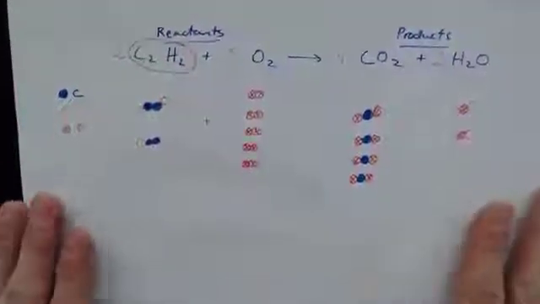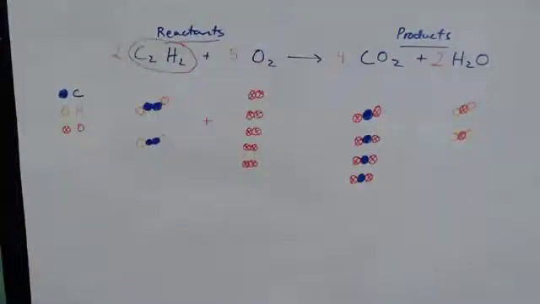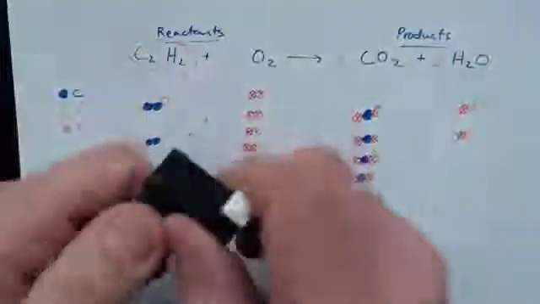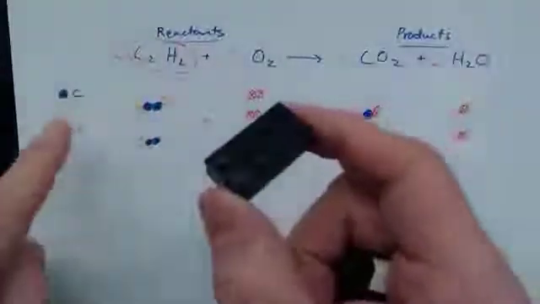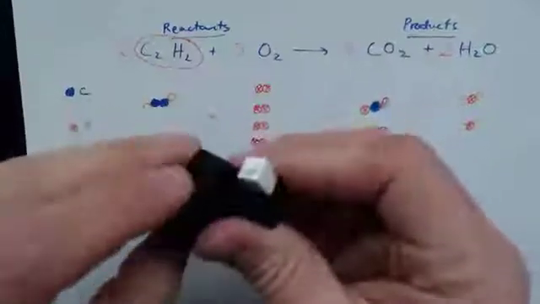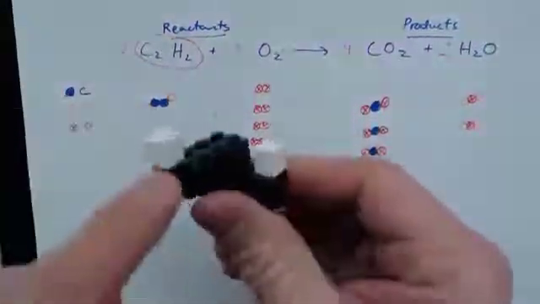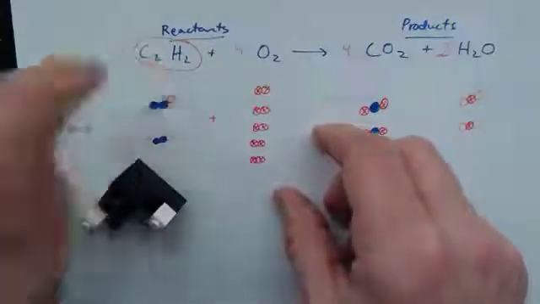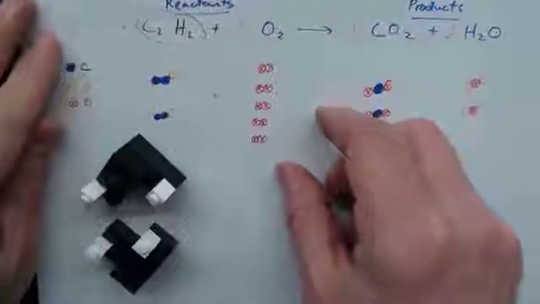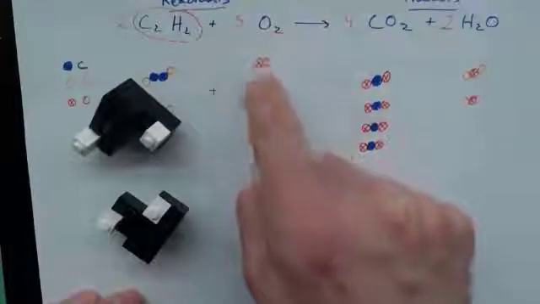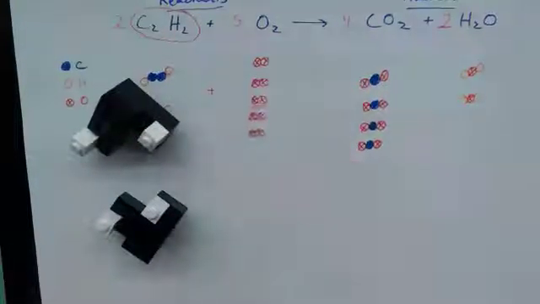Now that I've drawn it, I want to show you what a reaction is. I'm pulling out some Lego here, and the big black ones are my carbons, the little white ones are my hydrogens. I'm attaching them. So I have 2 carbons and 2 hydrogens. That is 1 C2H2, and I have 2 of these. Then I have 5 pairs of oxygen. That's a pair, that's a pair, that's a pair, and I have 5 of them.